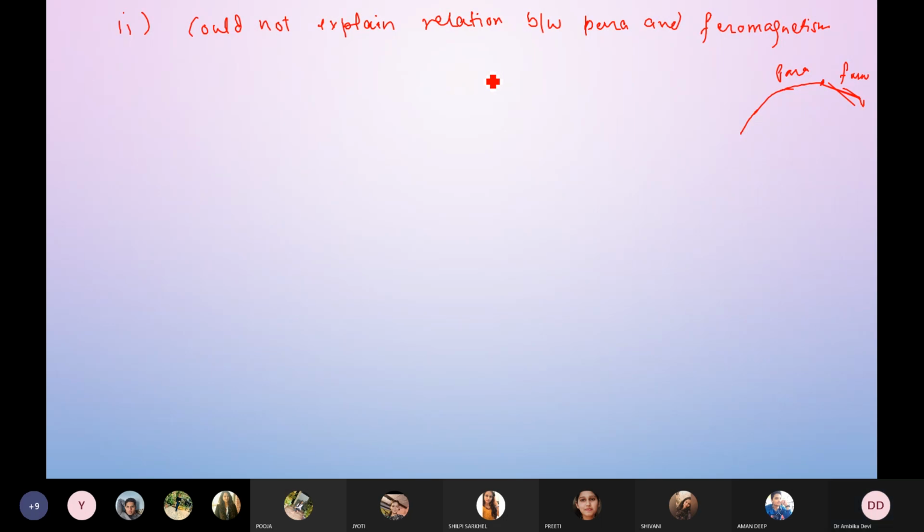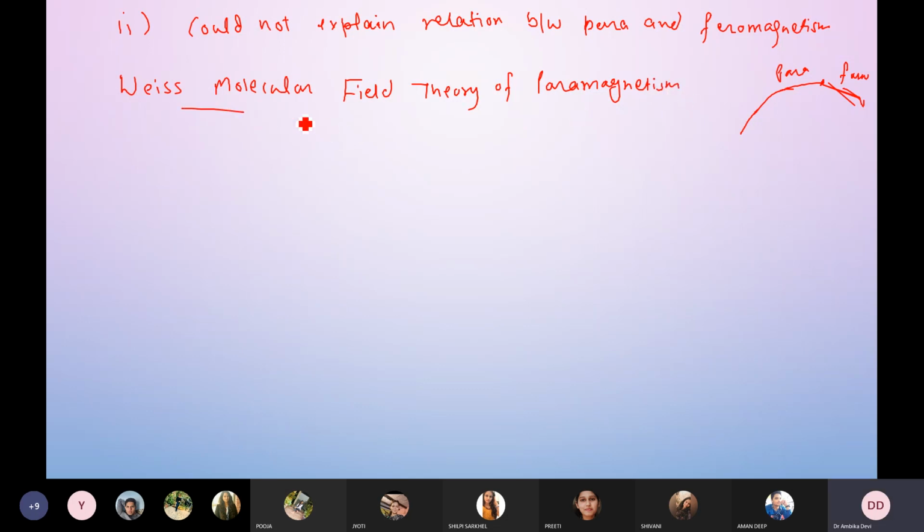So in order to overcome these constraints, another theory of paramagnetism was introduced, which is known as the Weiss molecular field theory of paramagnetism.